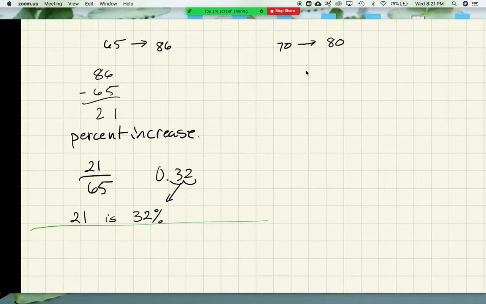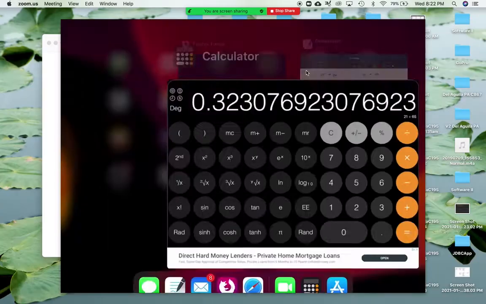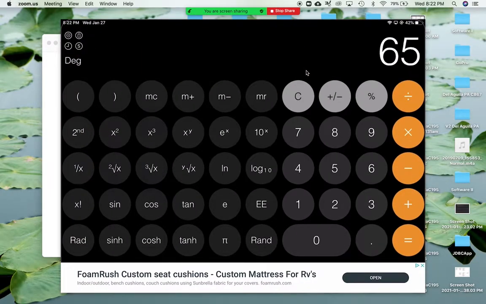Okay, so just to make sure, in the calculator, I'm going to do 65 plus 32%, and see if I get something close to 86, just to check. So 65 plus 32% equals 85.8. So that would be it. Does that make sense? Yeah, I see.